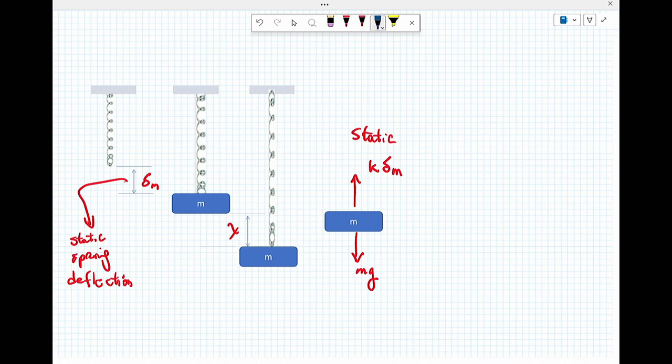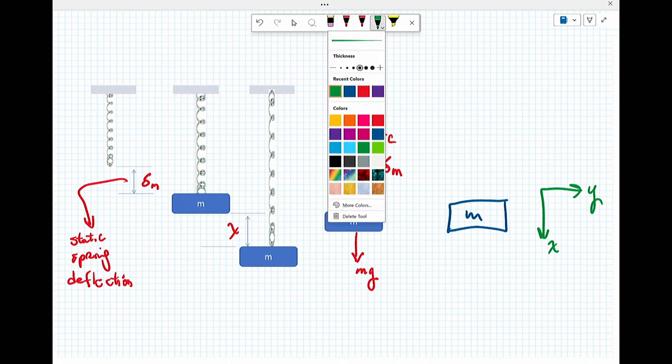If I go to the deflecting case, I rotate this around, I got x and y in this direction, so it makes my life easier.